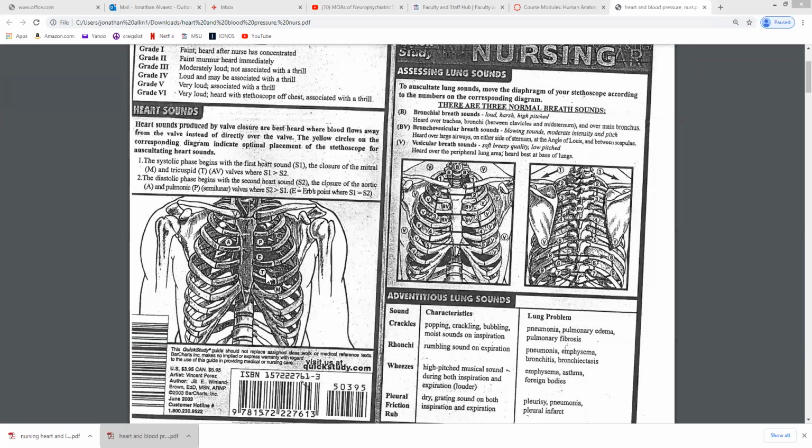Okay, now we're at the monkey part, a pet monkey. If you notice, the M is off-centered compared to the other ones. So this one is the fifth intercostal space, mid-clavicular line. The M stands for mitral, so this is where you listen to the mitral valve.